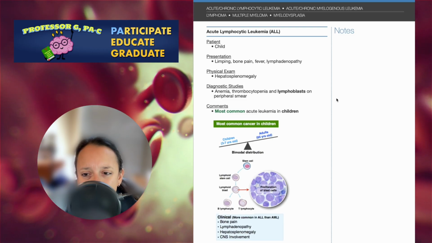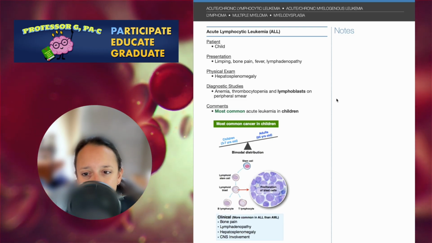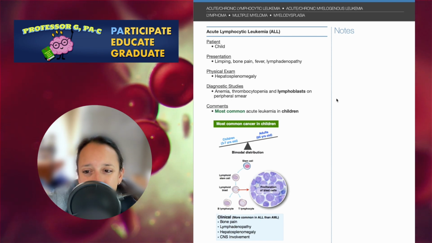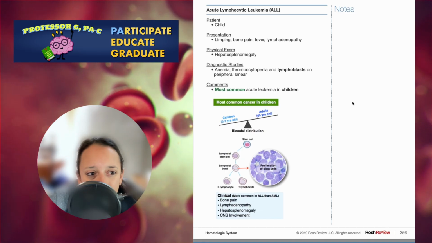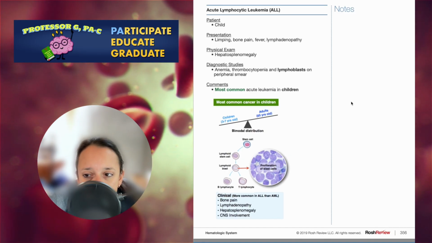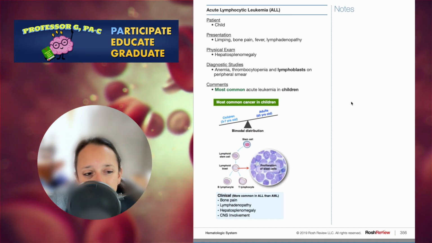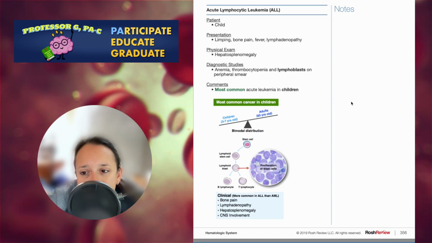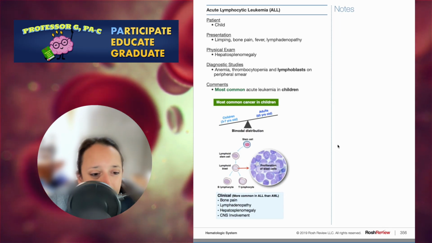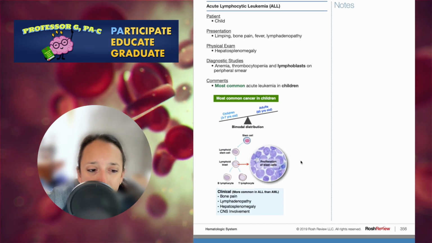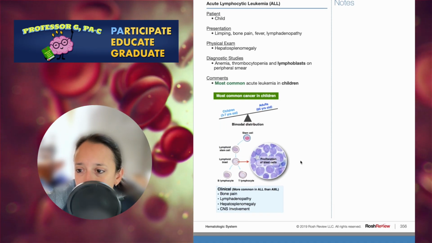The key finding on exam is CNS involvement, which can cause headaches, vomiting, and cranial nerve palsies. On lab work, you're going to see elevated WBCs, usually with immature lymphoblasts, and the peripheral smear is going to show large nuclei and scant cytoplasm, otherwise known as blast cells.